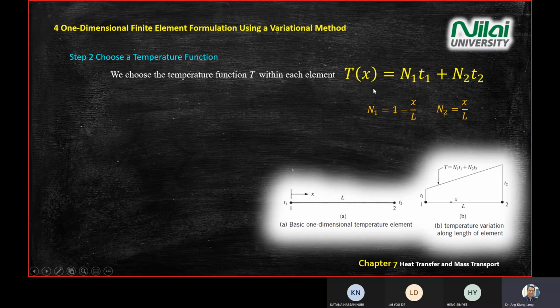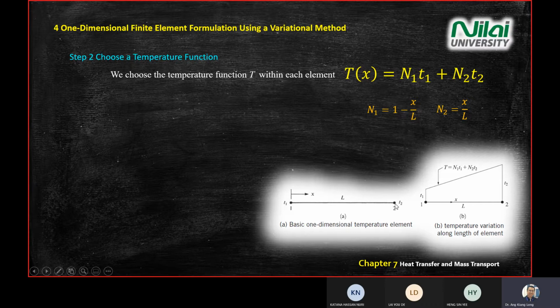I repeat, we are using N1 equal to 1 minus x divided by L, N2 equal to x divided by L. Point number 1, your x value is 0. Point number 2, your x value is L. So at point 1, your N1 will be 1 minus 0 divided by L, so you get 1.